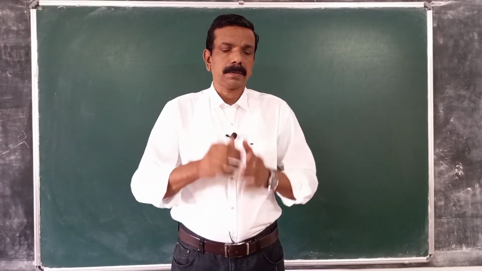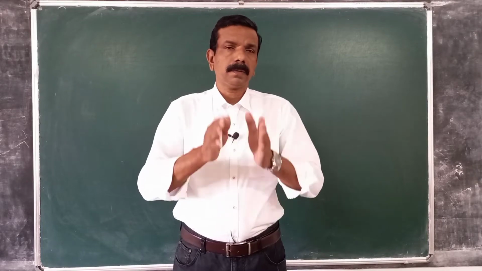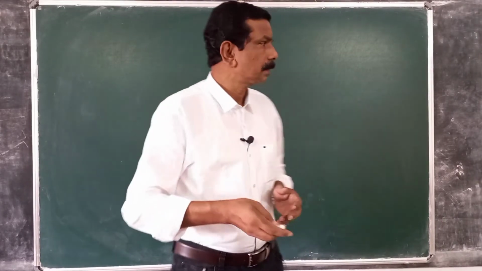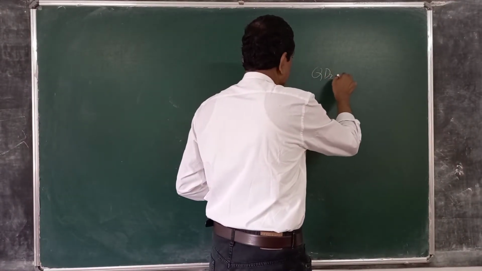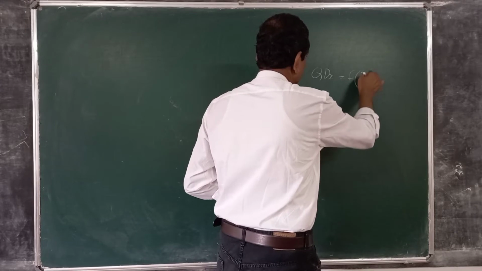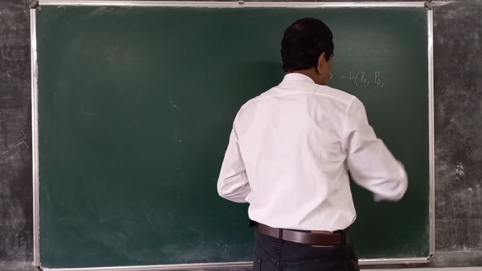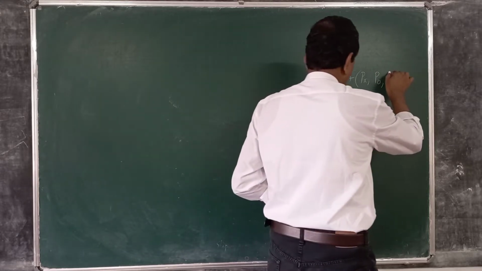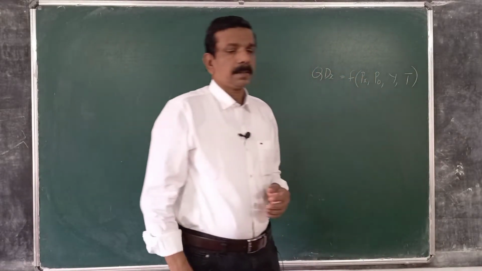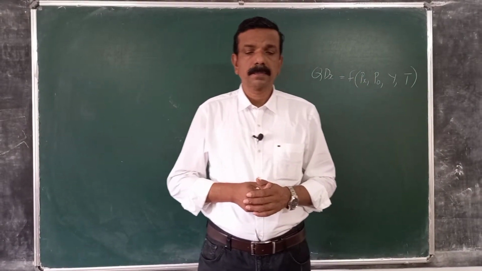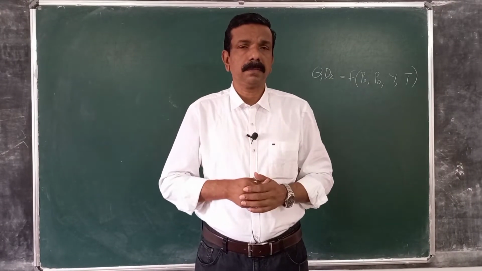In our analysis, we have shown that quantity demanded of x is a function of price of x, prices of substitutes and complements, income of the consumer, and taste and preferences, plus the number of consumers in the market.